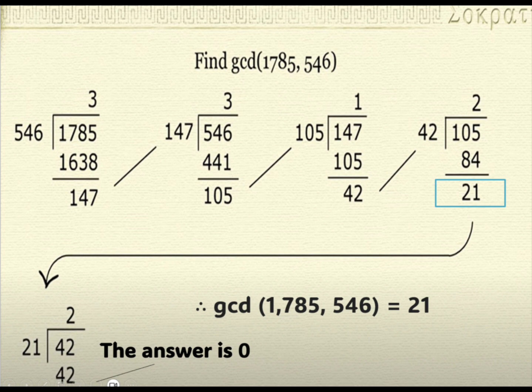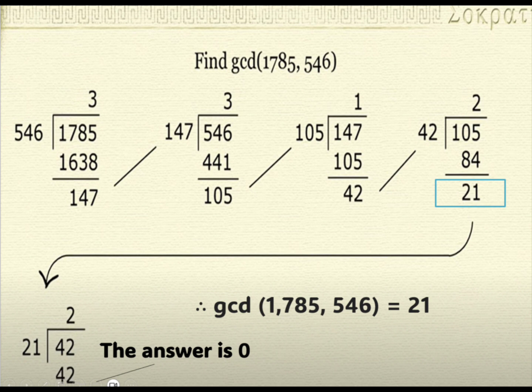Since it is not yet zero, we need to continue. On the next step, we use 546 as our dividend and 147 as our divisor, and we also get 3 with a remainder of 105. Since again it is not yet zero, we need to continue.